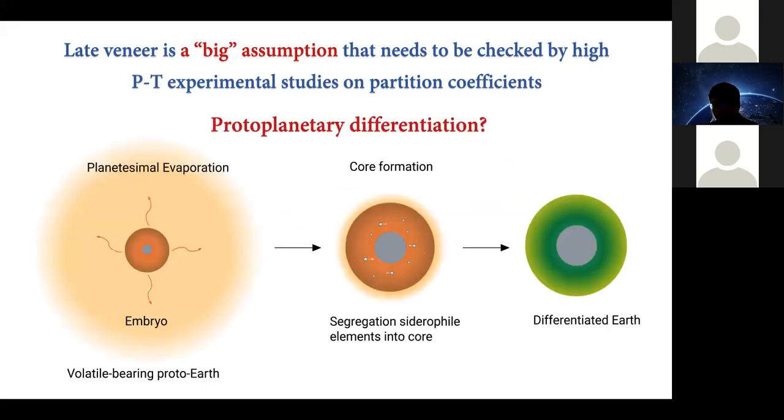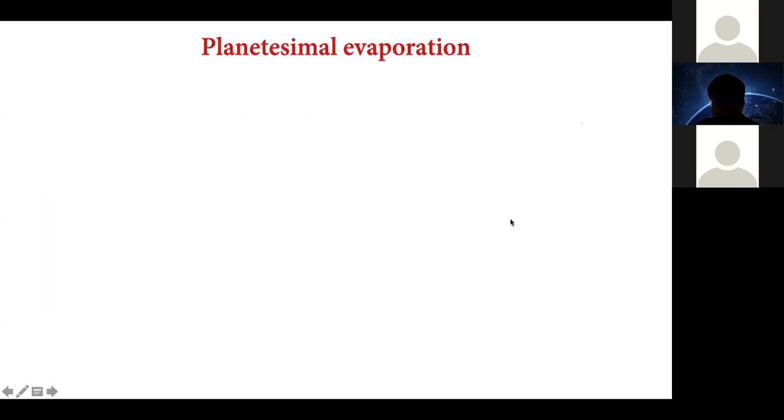So what else can we assume that may be associated with the depletion of volatiles in the silicate Earth? Maybe the protoplanetary differentiation also plays a key role. If we start with water-rich materials for Earth accretion, then in some process, water may undergo loss. This is the evaporation.